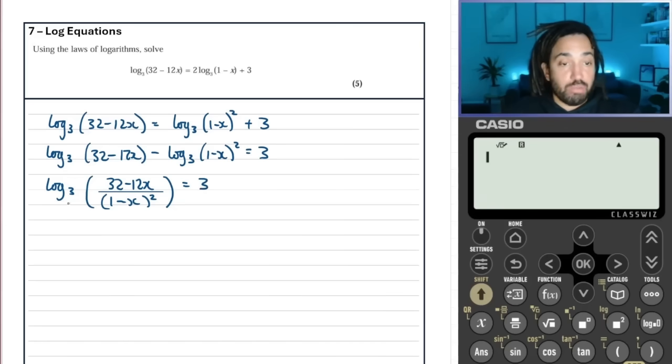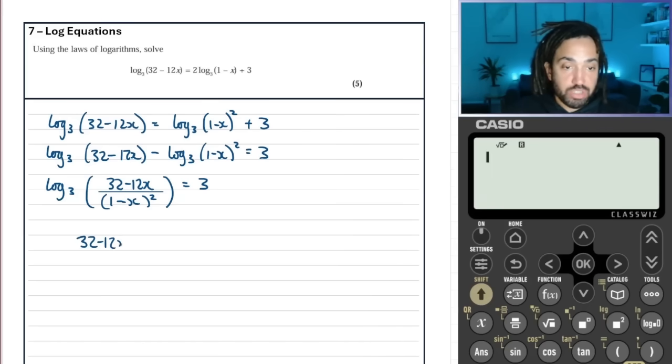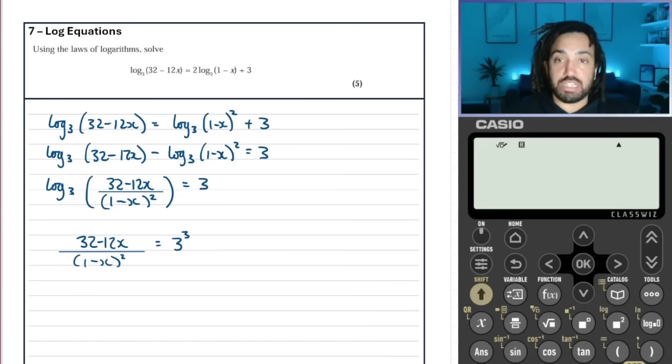Okay, now we've got a logarithm here, so this is just a log equation, which we can now write as a power equation. This is the base, so 3 is the base. This is the power, so 3 is the power, and then this is what it will equal. So we can say 32 minus 12x over 1 minus x squared is equal to 3 to the power 3, also known as 27. So we can write 27 there, like so.